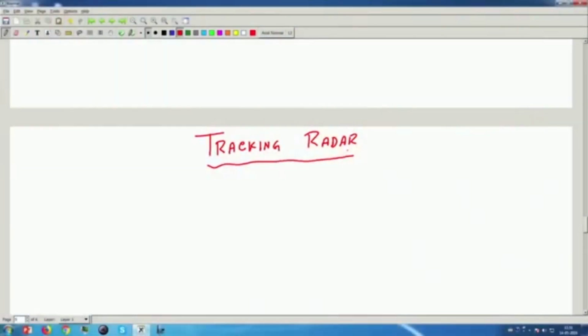Now, what is a tracking radar? A radar that follows a moving target already acquired is a tracking radar.